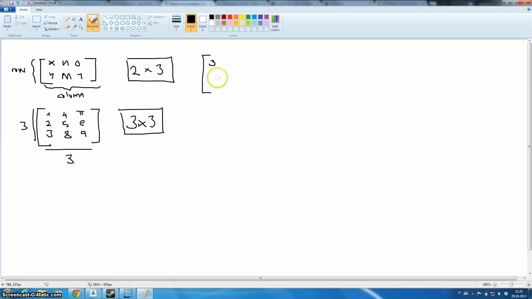Example, if I have a matrix like 4, minus 1, this kind of matrix, I had only 2 elements in this column and 1 element in this column, so this isn't a matrix. So this is undefined. How is it spelled? Undefined. This isn't a matrix.